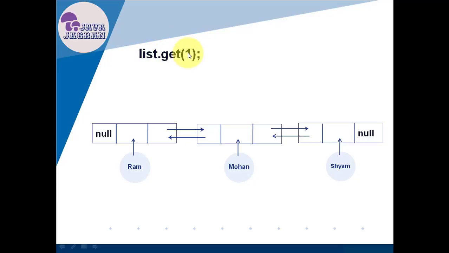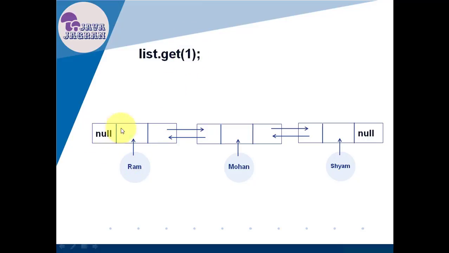So how will it get it? It will start from the beginning. It will take the first node, because it contains the address of the first node. From the first node it will look. If the next is not null, it will go to the next, and along with that it will keep one counter for how many times it goes to the next, and it will keep increasing, and it will compare with this passed value 1.